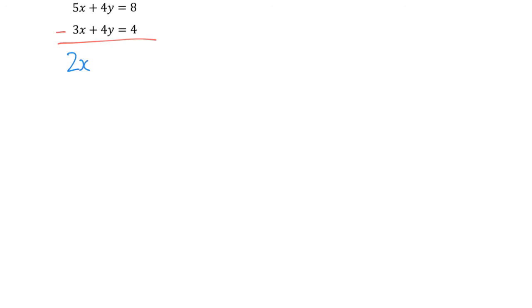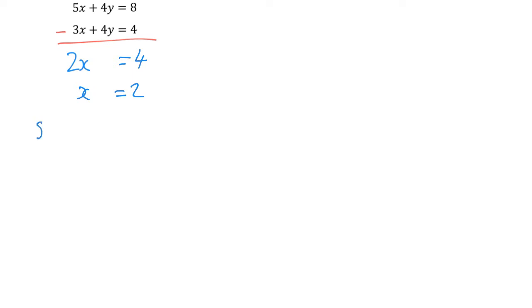And 4y, take away positive 4y. Now the take away and the plus is just subtract. So what we have is 4y take away 4y, which is nothing. And then 8 take away 4 gives us 4. So what we have then is that 2x equals 4. And if we divide through by 2, we get that x equals 2.